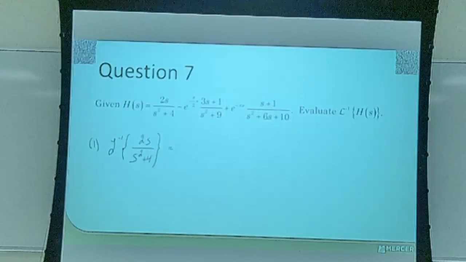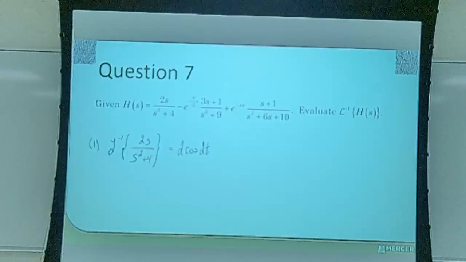What's that inverse transform? Cosine 2t. I know. So that's the easiest one to work with.